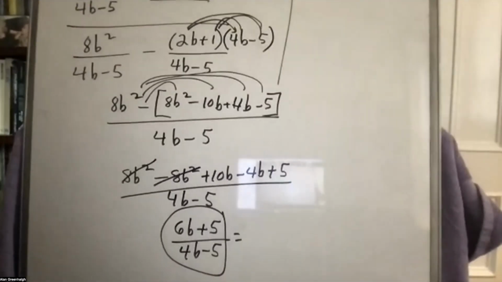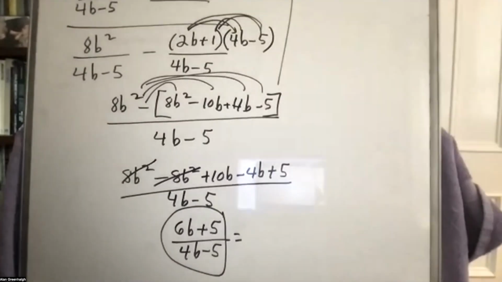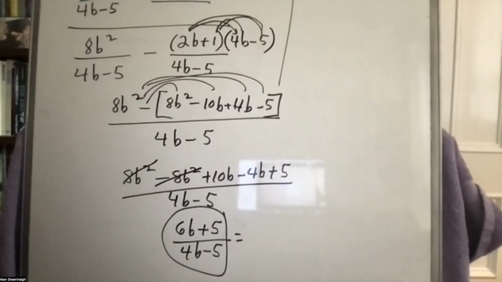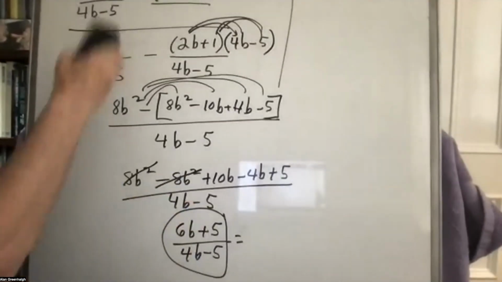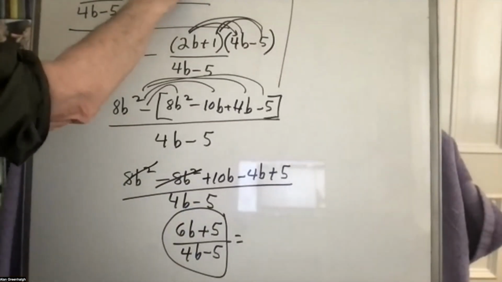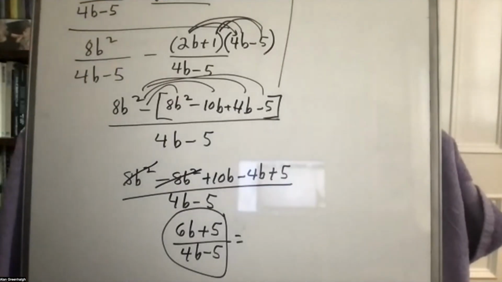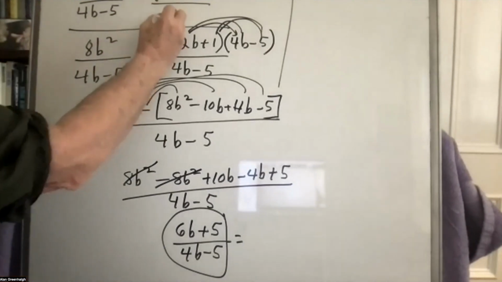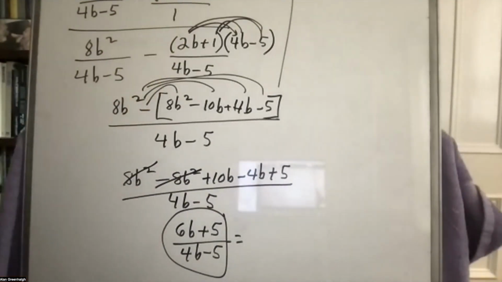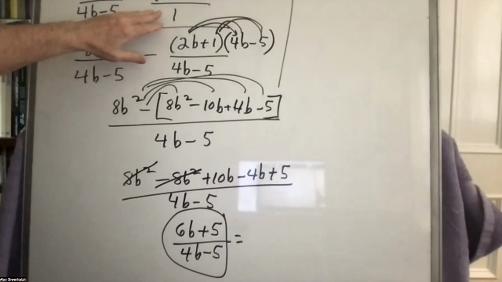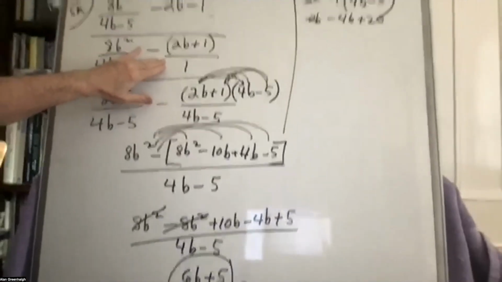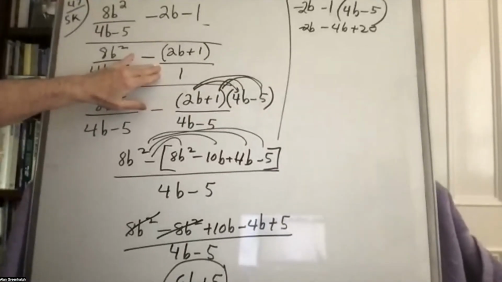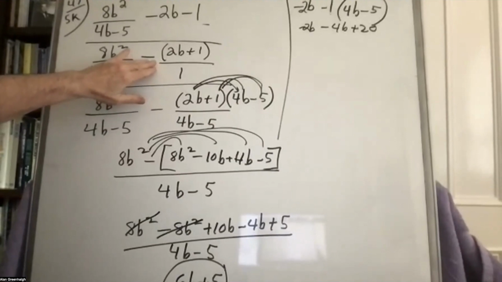Yeah, but my question is, the 2b minus 1 would be the equivalent of negative 1 times 2b plus 1 over 1. That's what I had. Okay, then that's when I went wrong. Well, what did you have? The thing is, I did not factor out the negative 1.